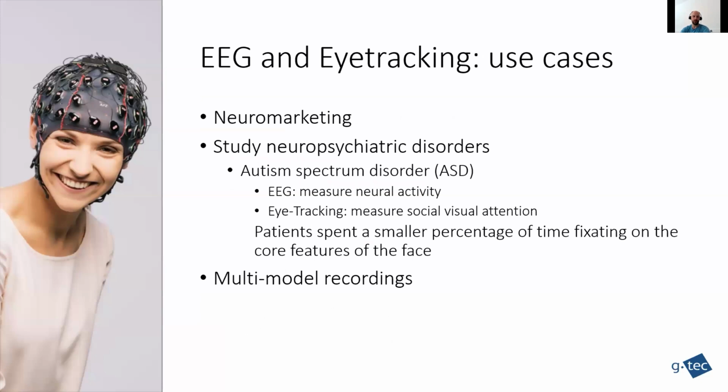I already mentioned multimodal recordings, which try to put together as much information as you can get from different sensors like EEG, ECG, GSR, and respiration, and eye tracking plays a big role in there. Eye tracking is also an important factor in studies of neuropsychiatric disorders like autism, and in neuromarketing, which is basically the study of which advertisement, products, or other stimuli attract you most.